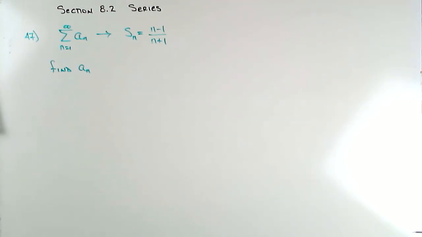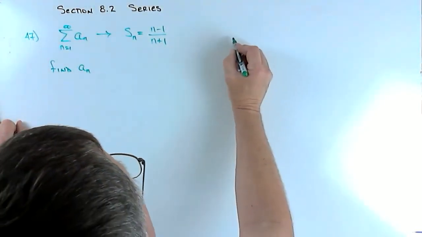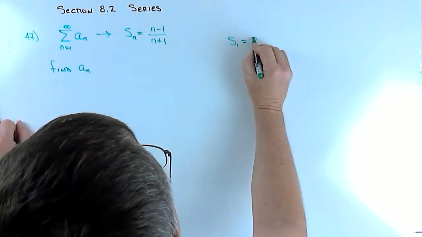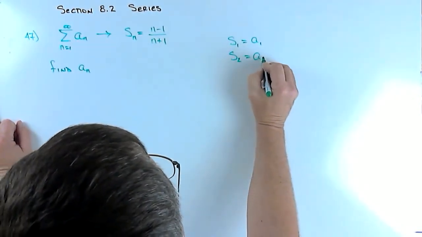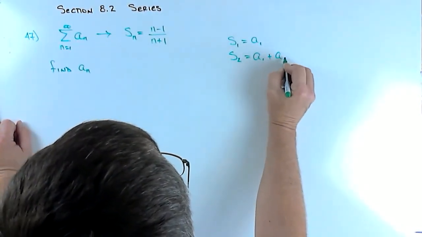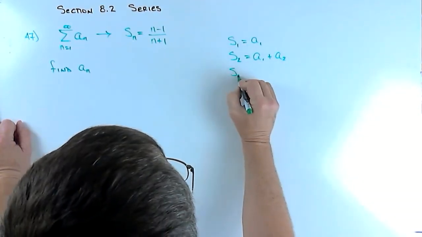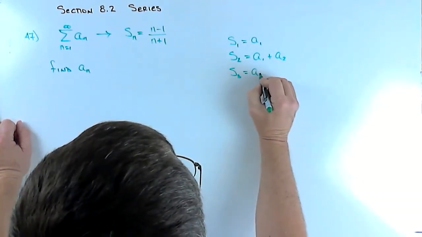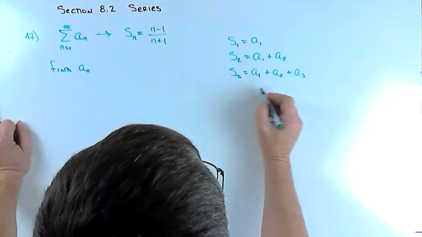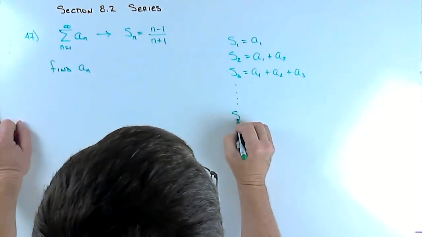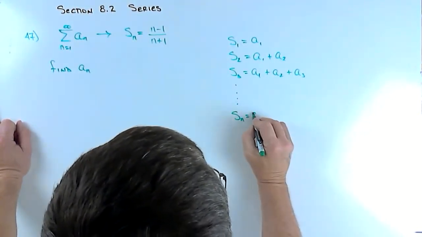Now, what do we know about partial sums? We know that if we take a look at what a partial sum looks like, this is S1, this is S sub 2, this is S sub 3, this is S sub n, right?